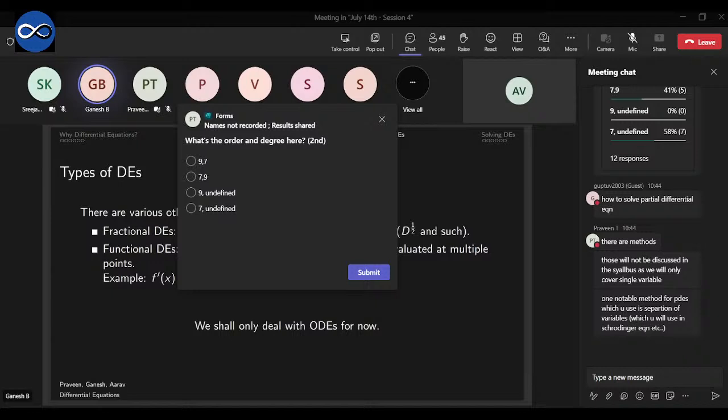You have them evaluated at various different points. It comes with all sorts of requirements. For now, we'll just ignore them. We don't have to talk about it much. While we deal with differential equations, we'll just deal with nice functions. We don't have to worry about the definitions of f of x at different arguments.